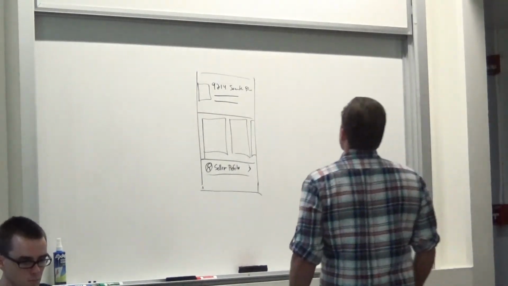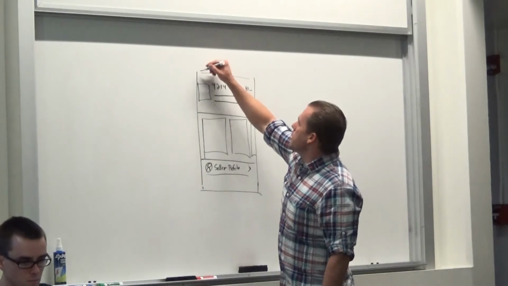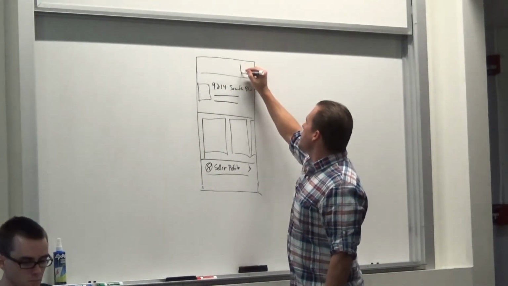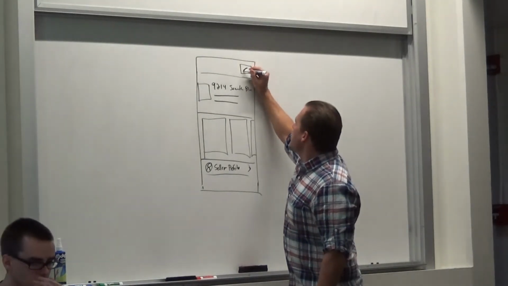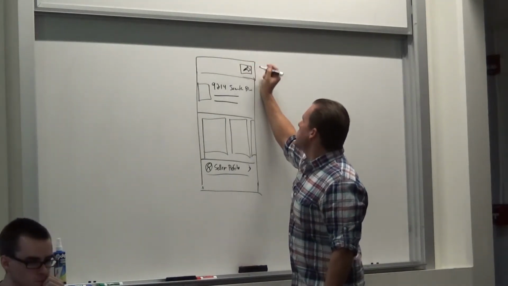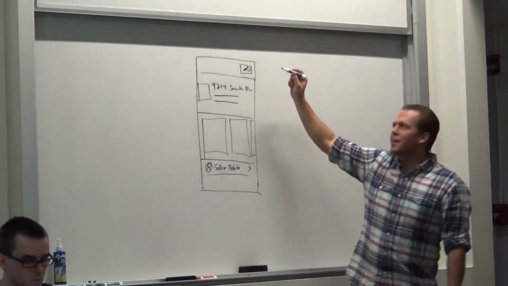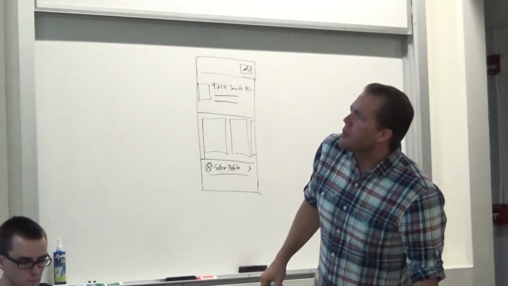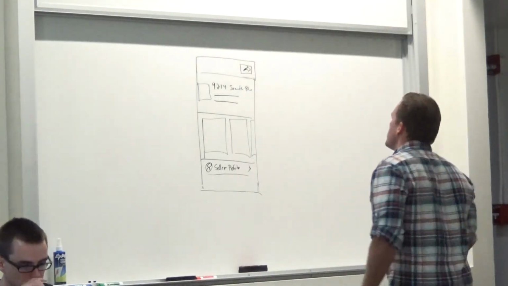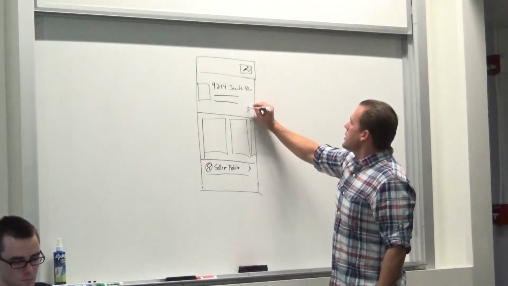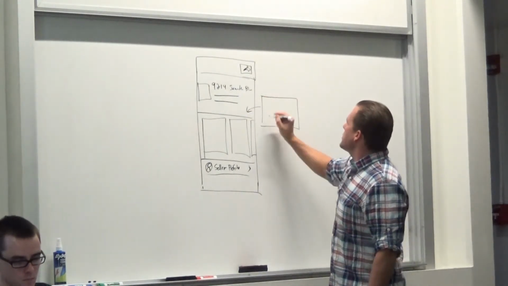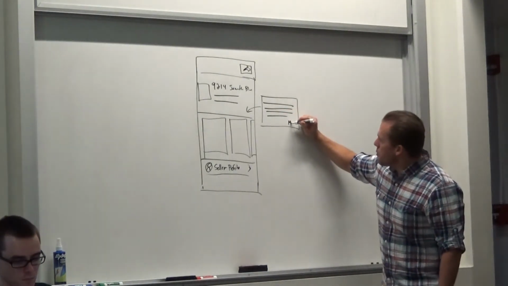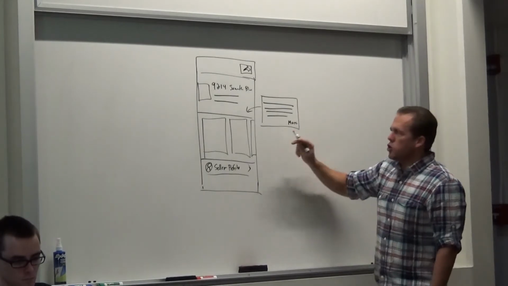We need a share button, so that's probably going to be at the top here. It could also be at the bottom, but let's just put it up here for right now. The share button is usually this thing here. Does that look familiar? Am I doing a good job doing the icon? So that's oftentimes the share button. The description, oh, that's a big one. So I need to put a whole paragraph of text in here. And probably there's going to be a "more," because sometimes people write too much and you have to truncate the text.